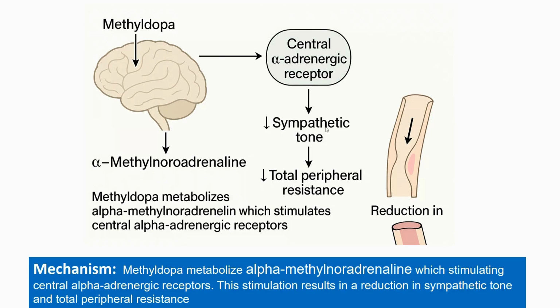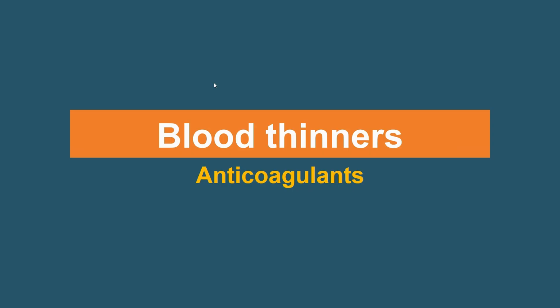Methyl dopa is a prodrug, and it does produce alpha methyl norepinephrine or noradrenaline, which stimulates these central alpha adrenergic receptors, eventually reducing the sympathetic tone and total peripheral resistance.